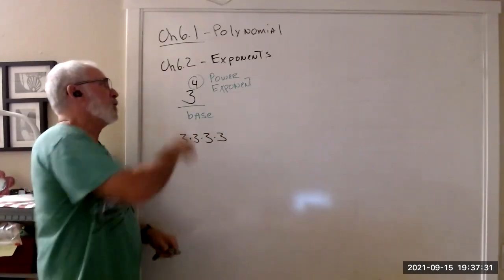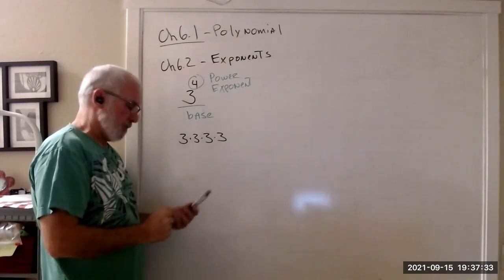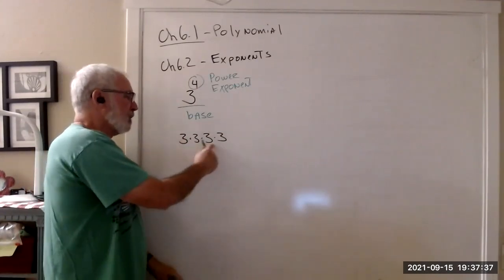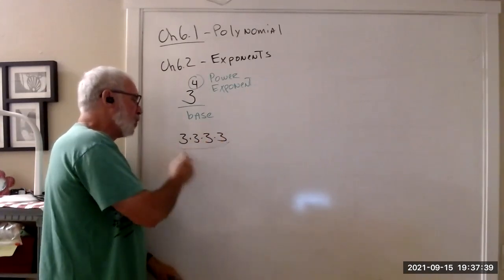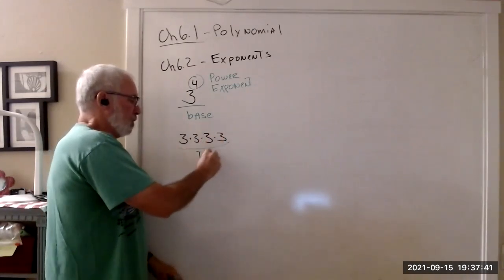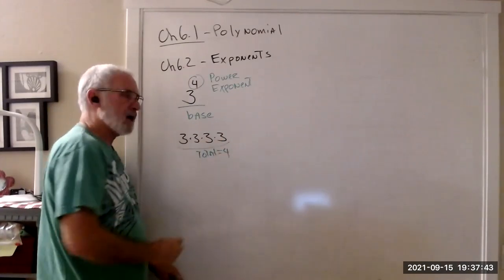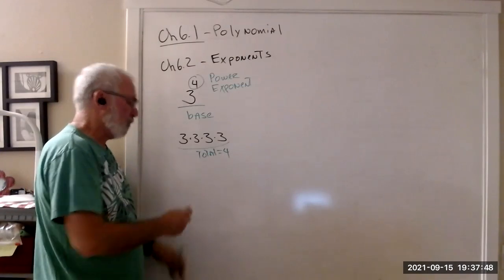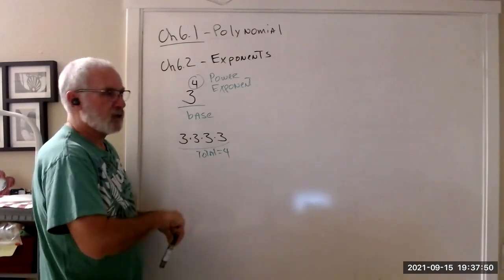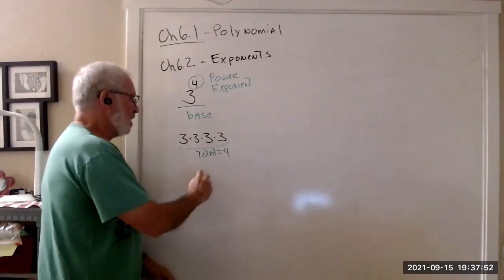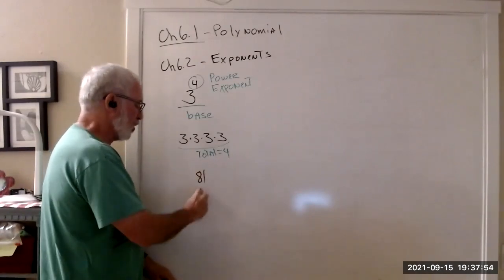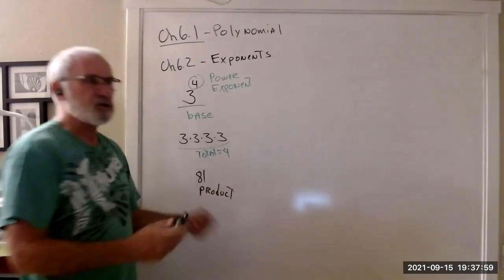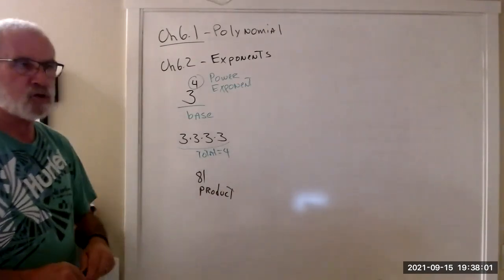So when you write 3 to the 4th power, it's shorthand for 3 multiplied by itself a total of 4 times. And if you actually do this, you should get 81, which is called the product, P-R-O-D-U-C-T. Product is the answer to a multiplication problem.